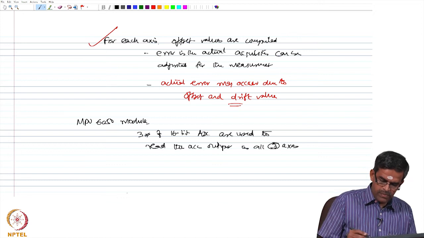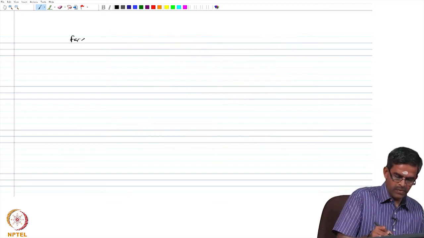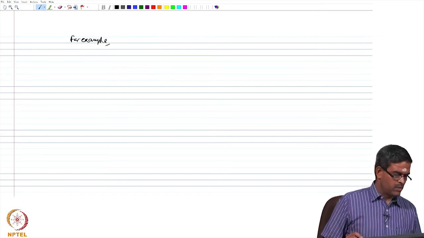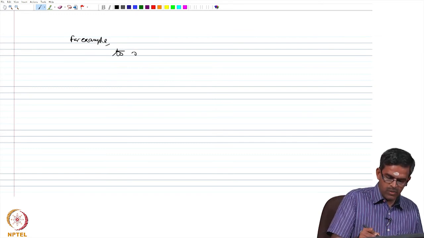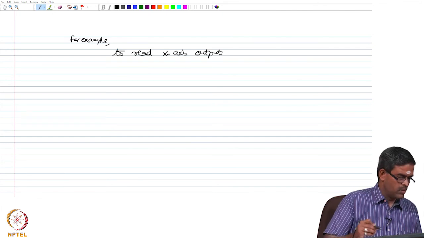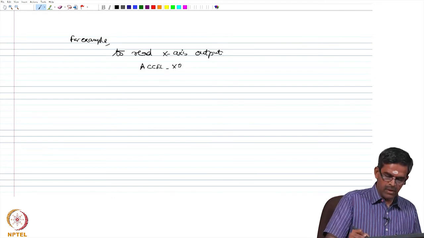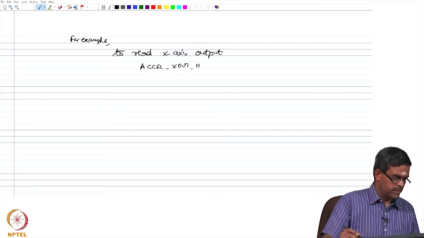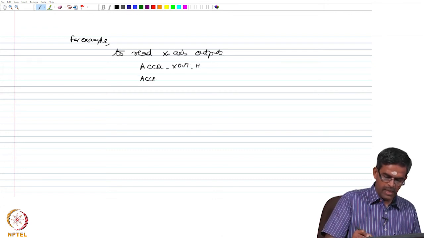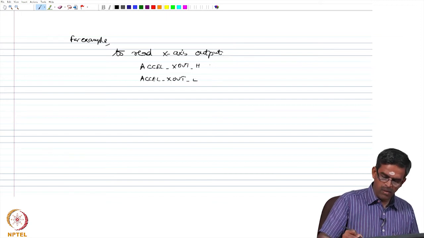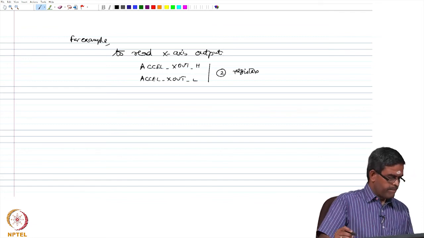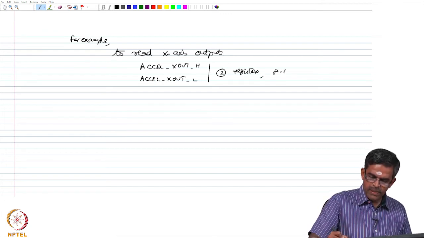For example, to read the x axis output, ACCEL_XOUT_H and ACCEL_XOUT_L are the 2 registers which will have 8 bits each.